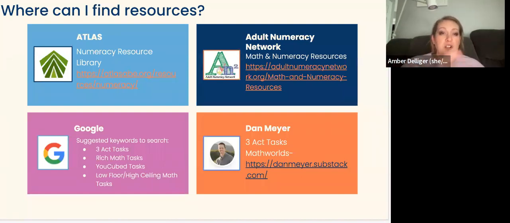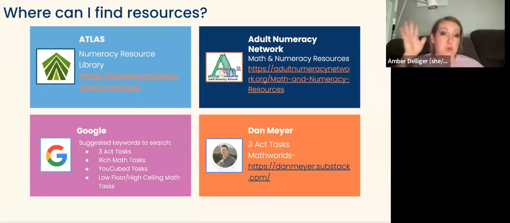You can also Google. I know that Dan actually Googled in the middle of his session, which I want to kind of say, don't forget that Googling is a thing. Sometimes it's really hard to figure out what to Google, so we have some suggested keyword searches. If you Google 3-act tasks, you can find videos of people implementing it. You can find examples. You can find how to make your own.